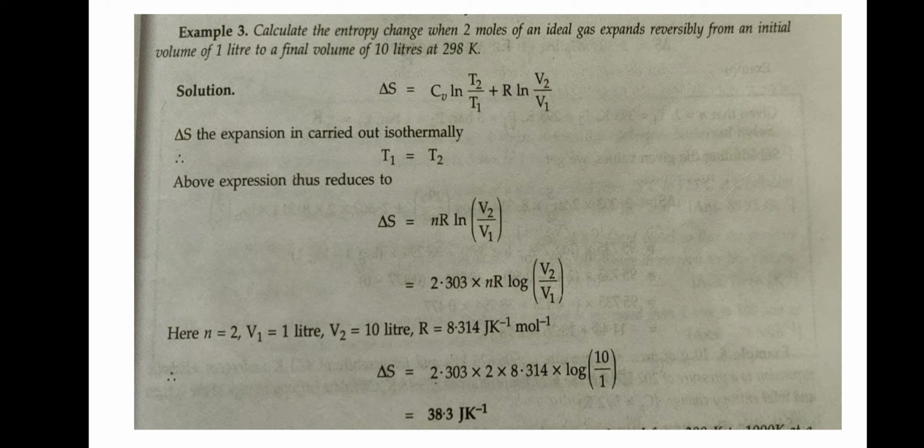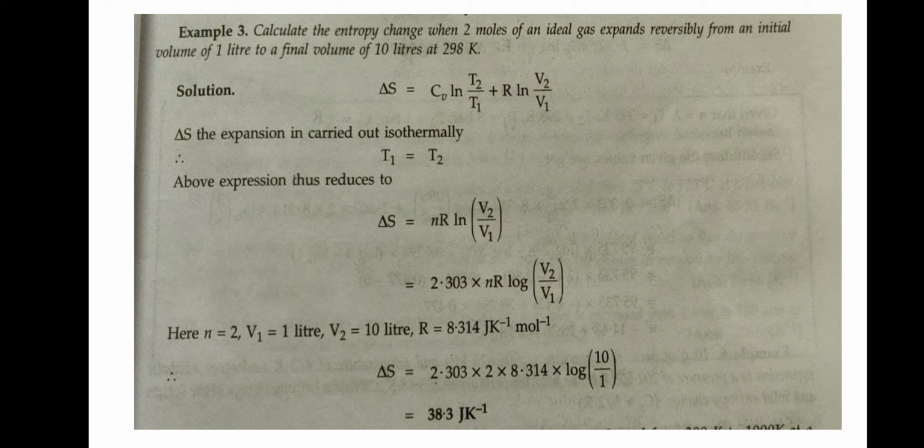So here also the initial volume and the final volume is given. But now in this process, the temperature is kept constant, T1 is equals to T2. So using the expression for the isothermal, the formula will reduce to nR ln V2 by V1.